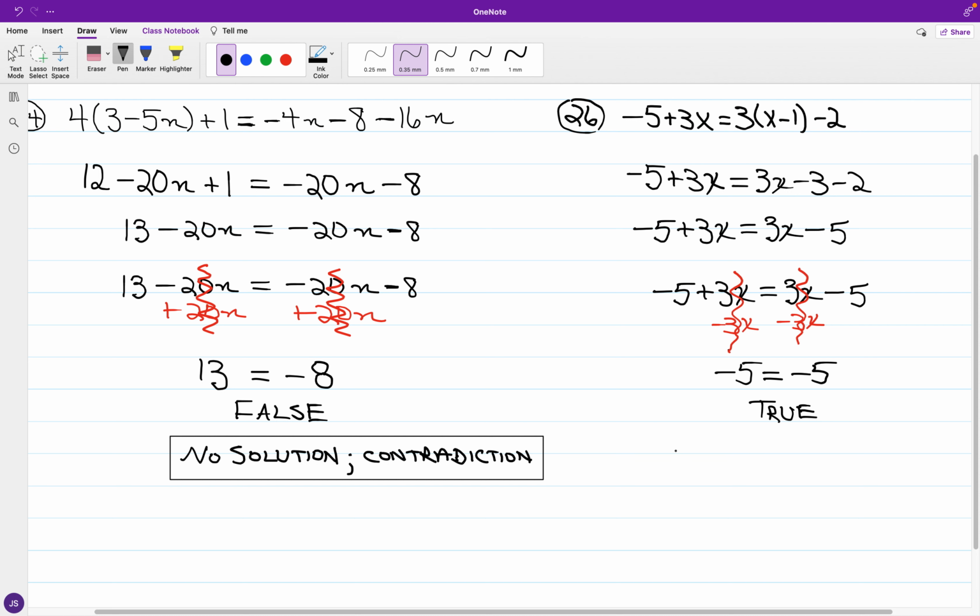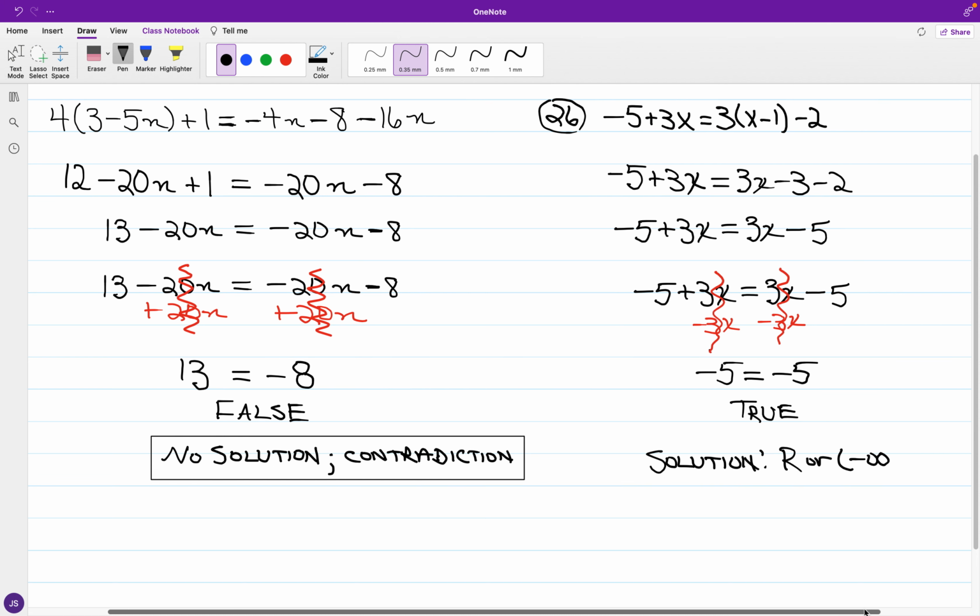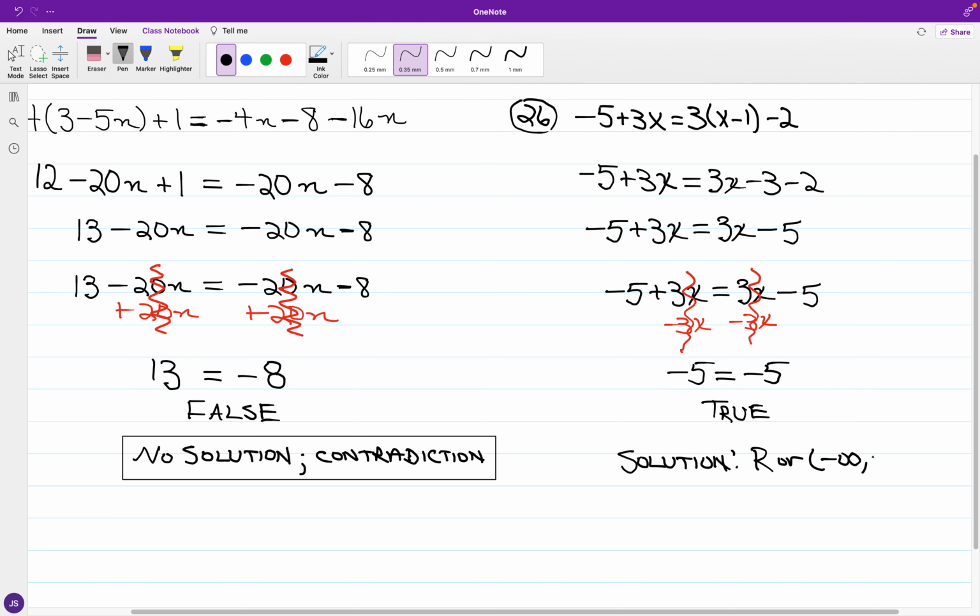So in the case of the solution, you're going to have not just one value, but an infinite number of values. And there are various ways that you could write this. We can say we have the set of all real numbers, so you have R for all real numbers, and again you could use what we refer to as interval notation, where you have parentheses around negative and positive infinity.